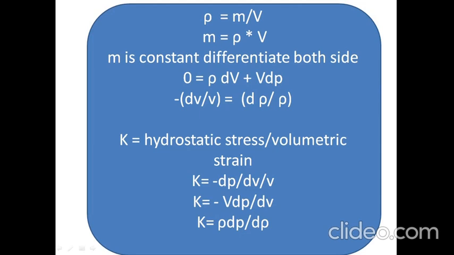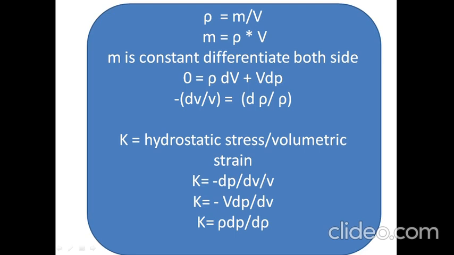Mass can be written as density into volume. M is constant. Differentiate both sides. If mass is constant, its differential is equal to 0. So 0 is equal to rho dV plus V d rho. If we differentiate and after equating, we get minus dV upon V is equal to d rho upon rho.